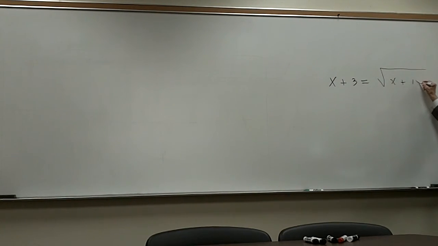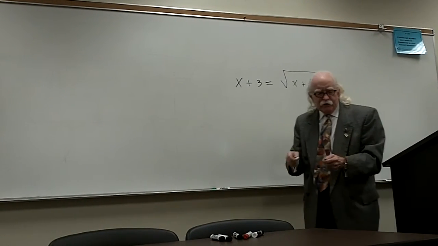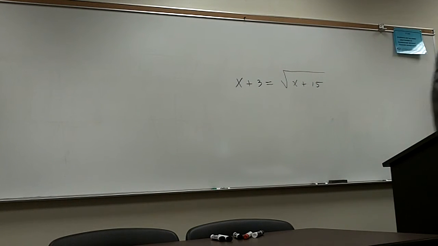X plus 15. Now they're asking you to solve it. Why can I solve this one? Because it's an equation. It makes it equal to something. So therefore you can solve the equation for X. So how do you do this? Where do we even start to solve this problem for X?